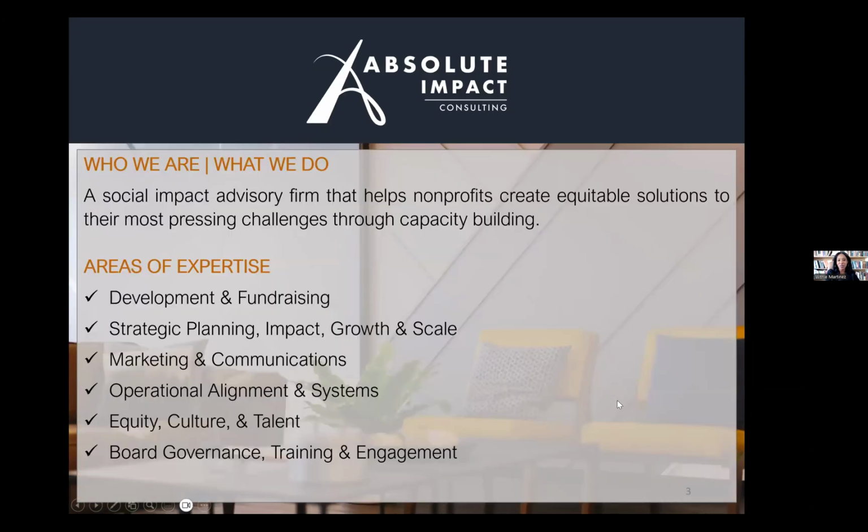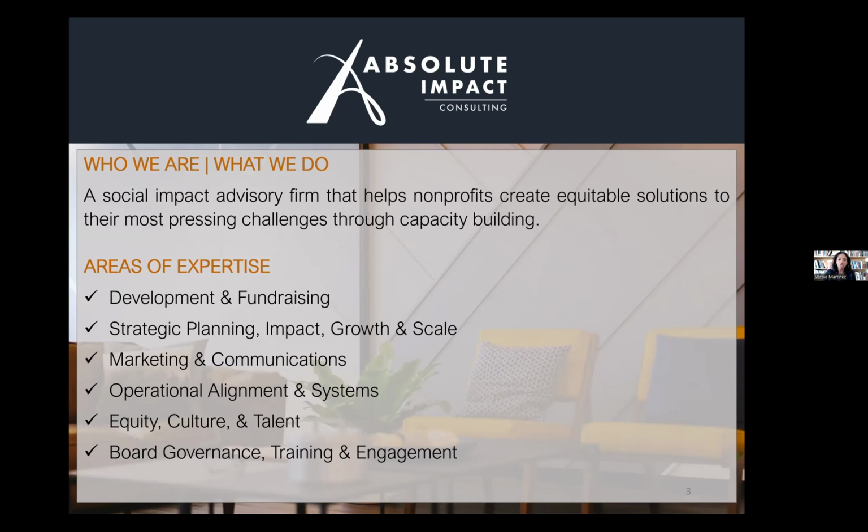So a little bit about our firm. We work with nonprofits of all sizes, but our focus really is on small to medium-sized nonprofits, typically with a budget between 250K and 5 million. That is where most of our clients fall. And we focus on the areas of expertise you see below, with a particular focus on development and fundraising.